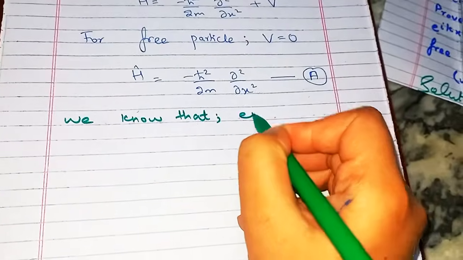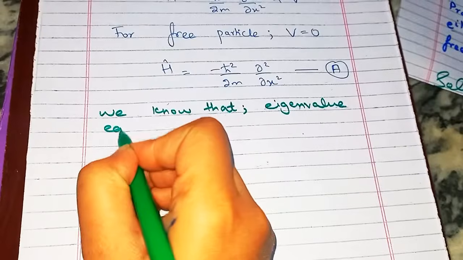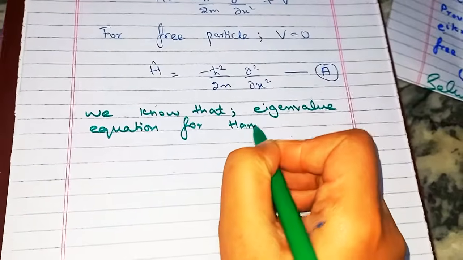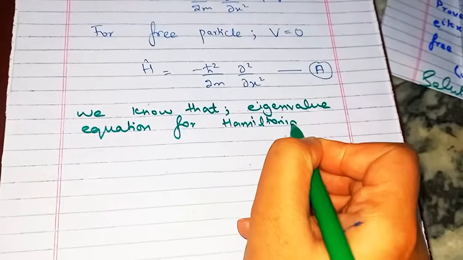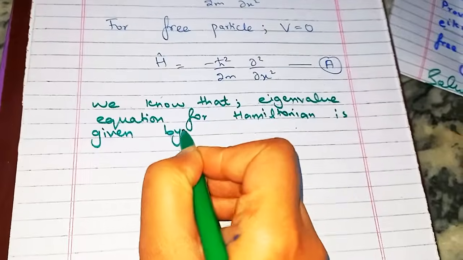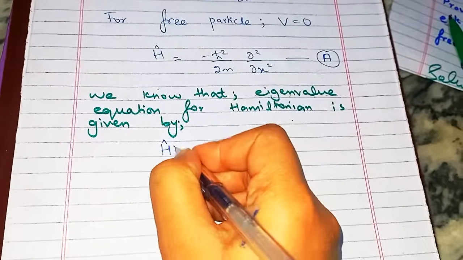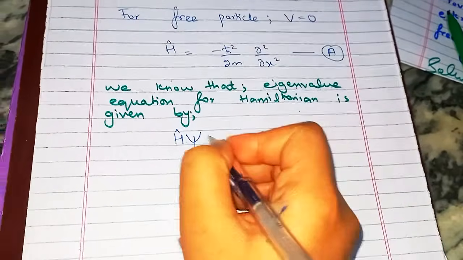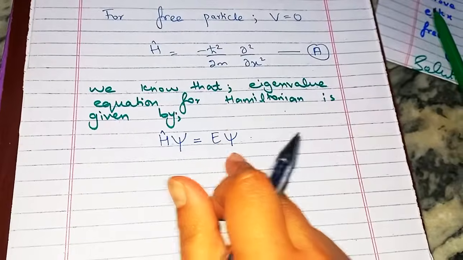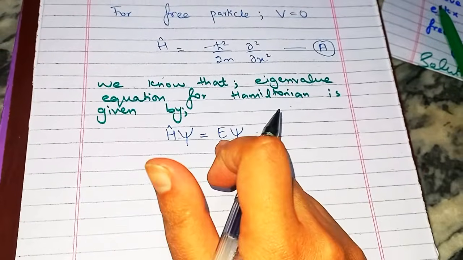So we know that the eigenvalue equation for Hamiltonian is given by, when an operator applies on psi, any psi, it equals E times psi. When this equation holds where E is any constant quantity, it should be a constant quantity.